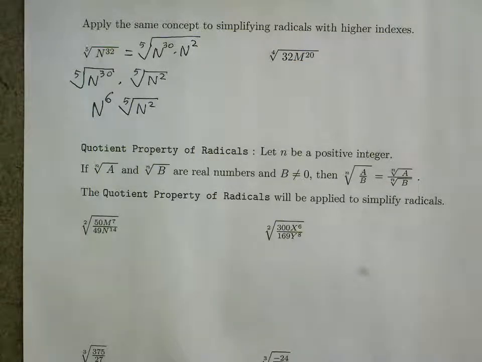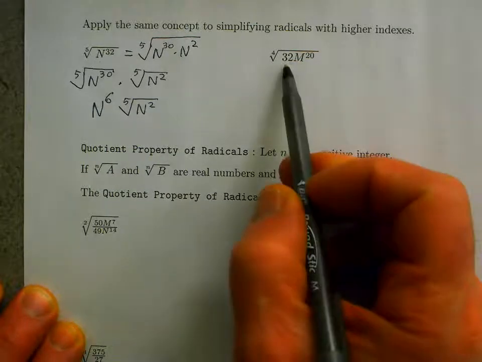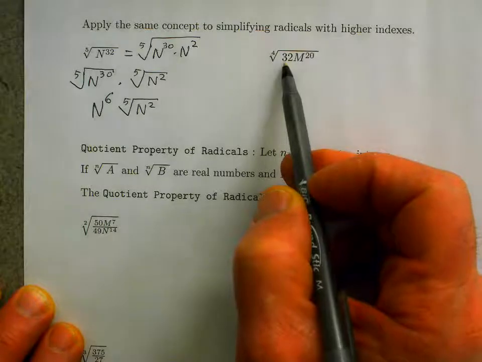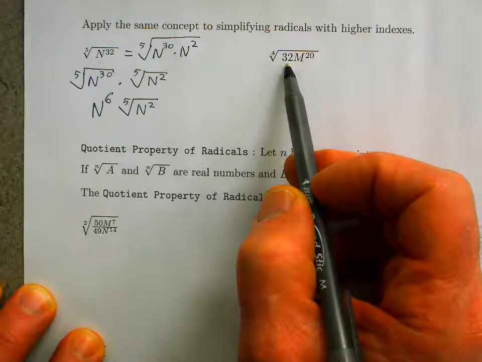So what are the powers of 4? 1 to the 4th is 1. 2 to the 4th is 16. 3 to the 4th is 81. So we've already gone past the one that we need. 2 to the 4th equals 16. 16 is a factor of 32. And 16 is a perfect fourth power. So we'll keep that in mind.